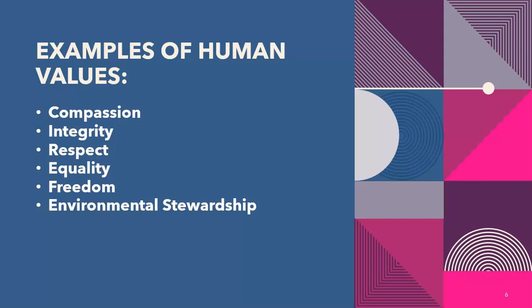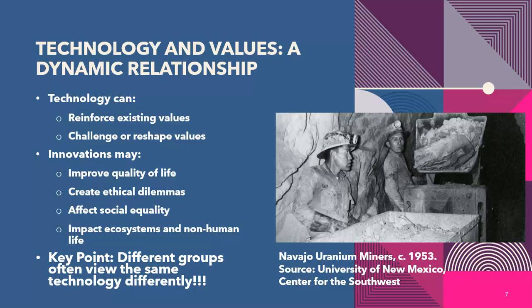And lastly, environmental stewardship. This value emphasizes the responsibility to protect and preserve the natural environment upon which we all rely. It involves promoting sustainability, conservation, and responsible resource management for the benefit of future generations. These examples highlight just a few of the diverse range of human values that exist across cultures and societies.